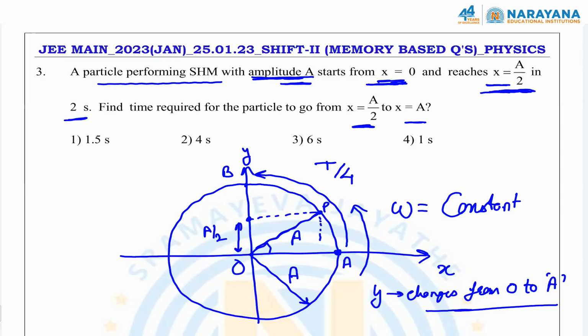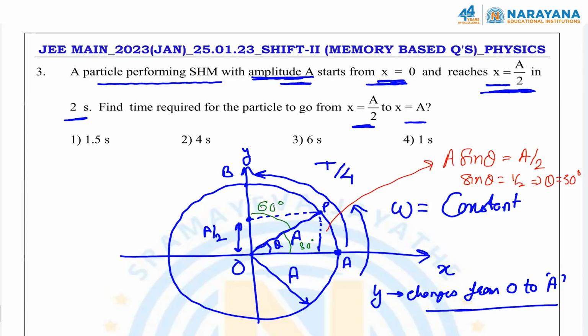Suppose this angle is theta, then this height is A sine theta, and this is given to be A by 2. That gives you sine theta as 1 by 2, and that gives you theta as 30 degree. So this angle is 30 degree. So remaining angle must be 60 degree.